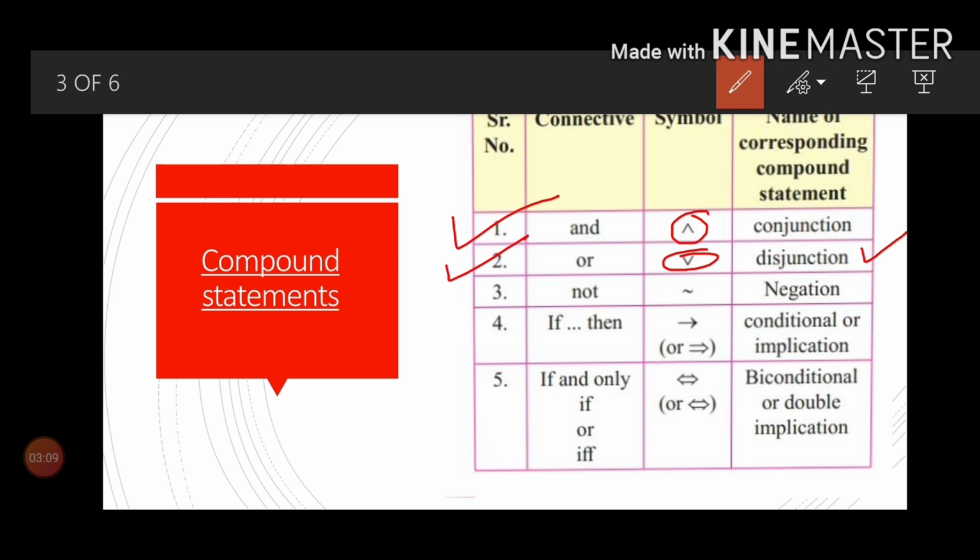Third connective is 'not', and its name is negation. Fourth connective is 'if then', and its name is conditional or implication. Fifth connective is 'if and only if', and its name is biconditional or double implication.